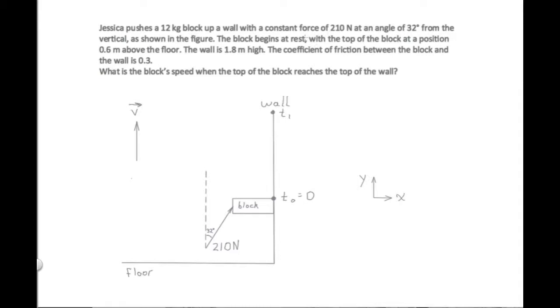The block began at rest, so originally the velocity was 0. So the velocity started at 0, and then after that it was an upwards velocity. The object started 0.6 meters above the floor.